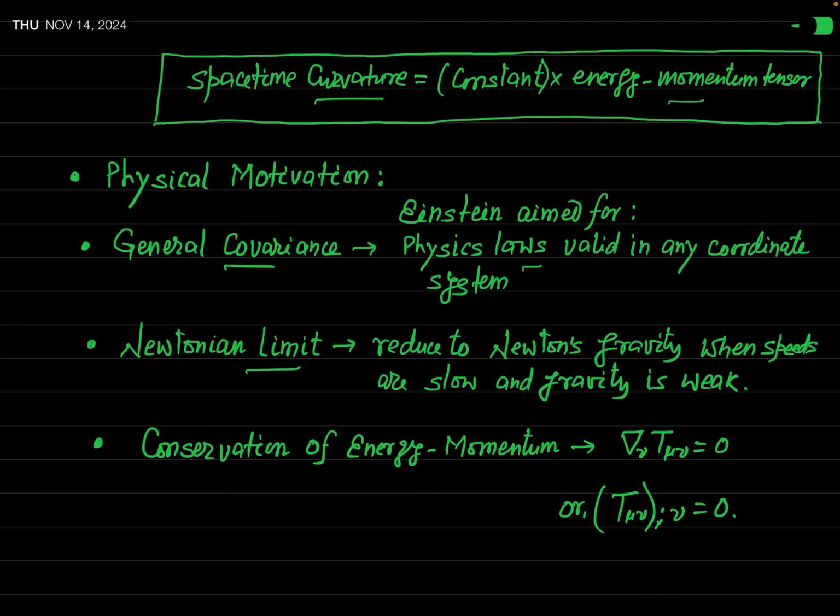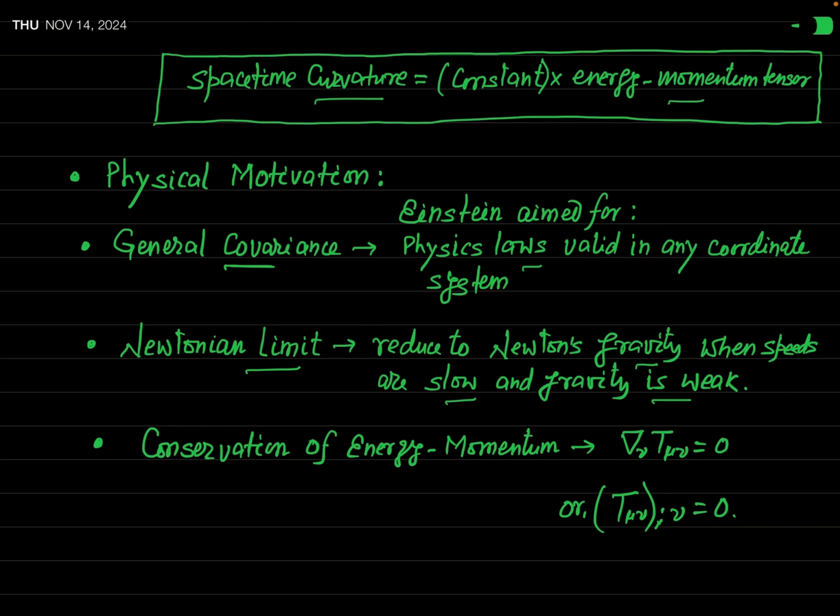I have written here in short: reduces to Newton's gravity when speeds are slow and gravity is weak. If you talk about small speeds and weak gravity, then Einstein's relativistic theory must transform into Newtonian theory of gravity.